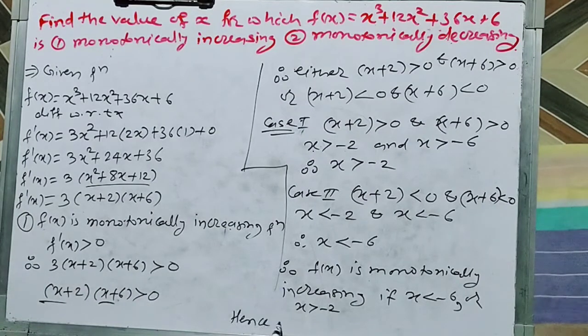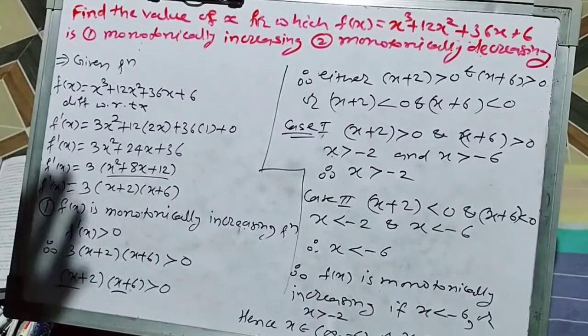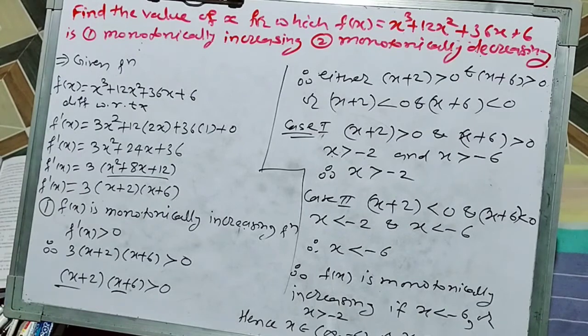Hence x must belong to, for x less than minus 6, the interval minus infinity to minus 6, or x belongs to, again here, minus 2 to infinity. So this is the value for x whenever f of x is monotonically increasing.